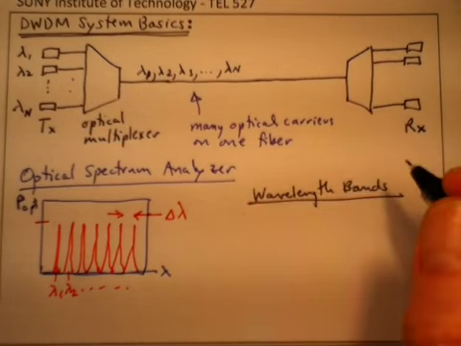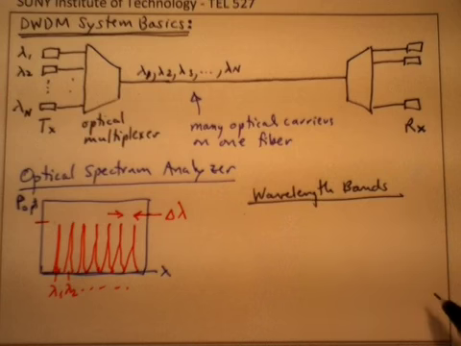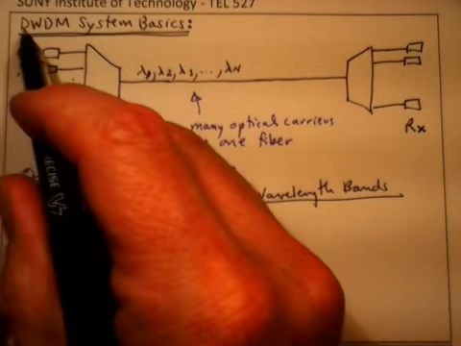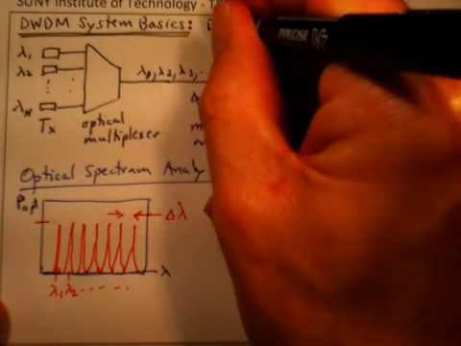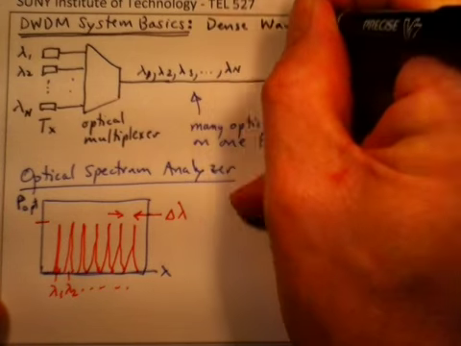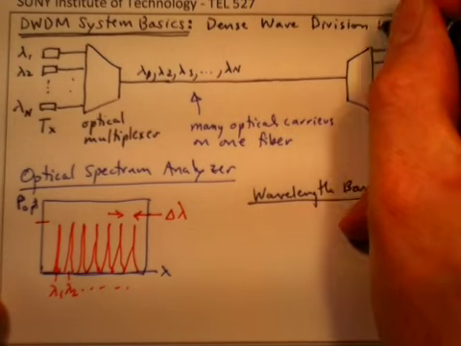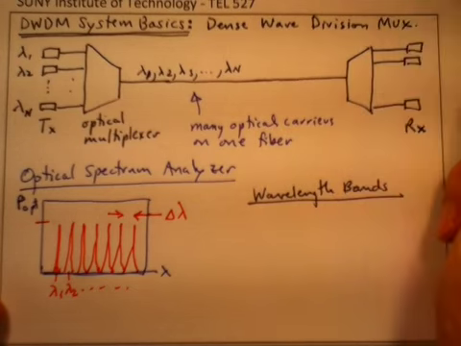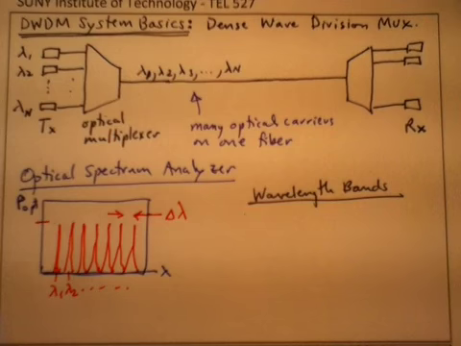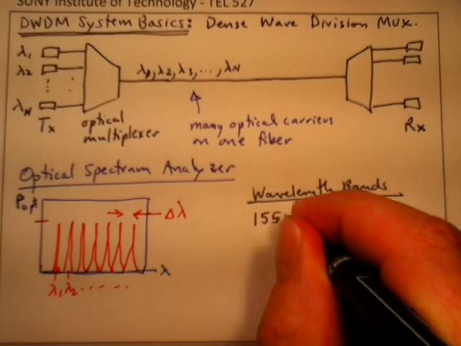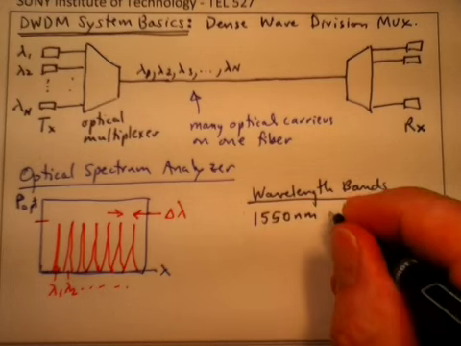Okay, generally speaking, we can divide WDM systems up into two types, coarse WDM and dense WDM. Here I have DWDM, so this is dense wave division multiplexing. In dense wave division multiplexing, generally speaking, we use the 1550 nanometer wavelength range.